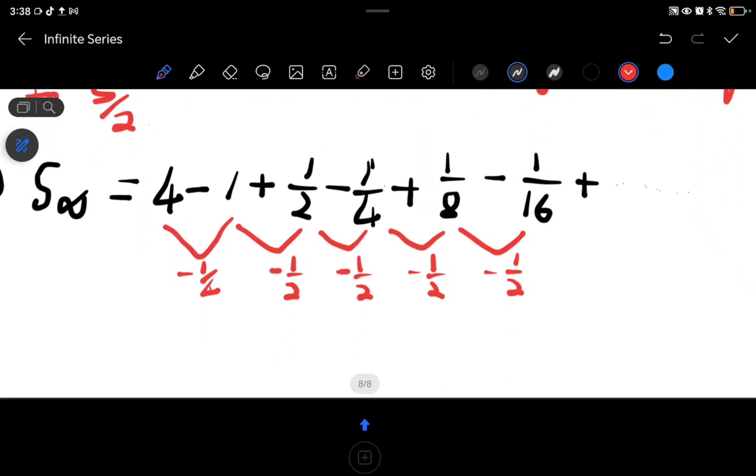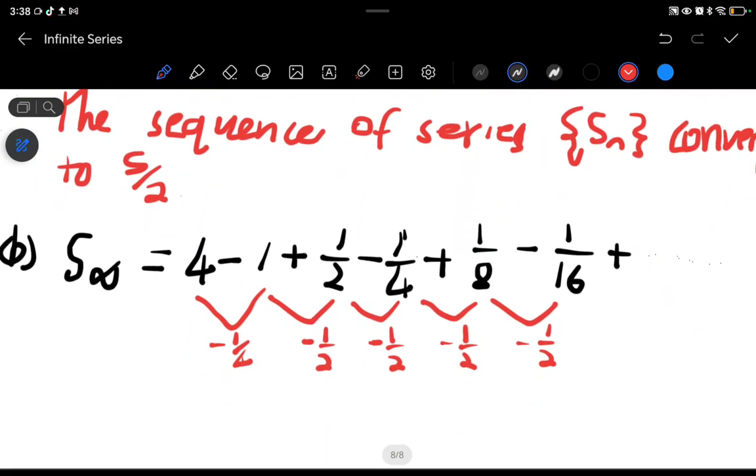If this is the case, remember, this is not the same as this. So this series only allows us to take A as this one. It only allows us to take A as that one. So it means that we have to cut off this sequence.